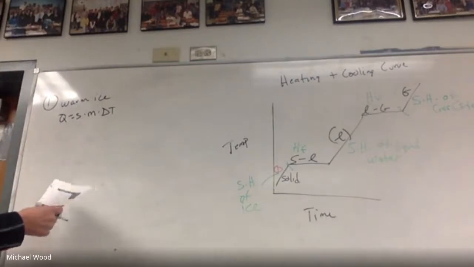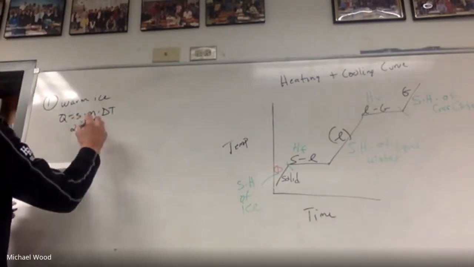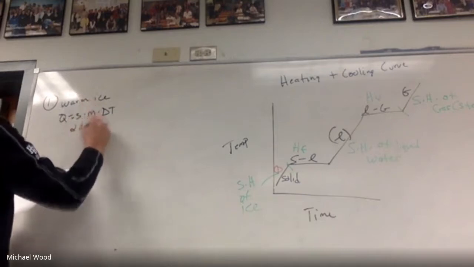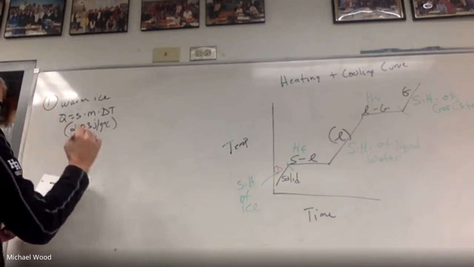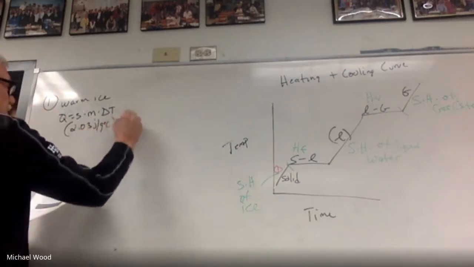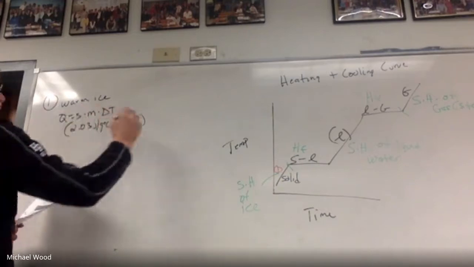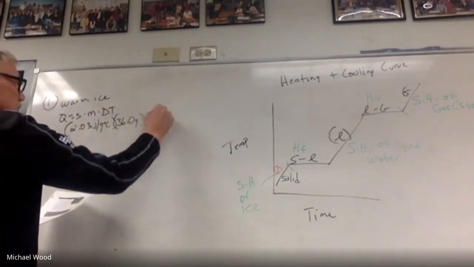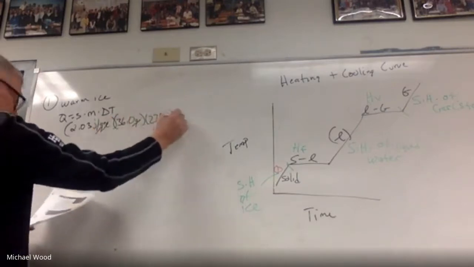Okay, so I've got the specific heat of ice, 2.03, which was given to me, and the units are part of this. The mass, it says, was 36 grams. And the change in temperature, we're going to go from negative 27 to 0. If you look at the units here, grams cancel, degrees Celsius cancel, and I'm left in joules.